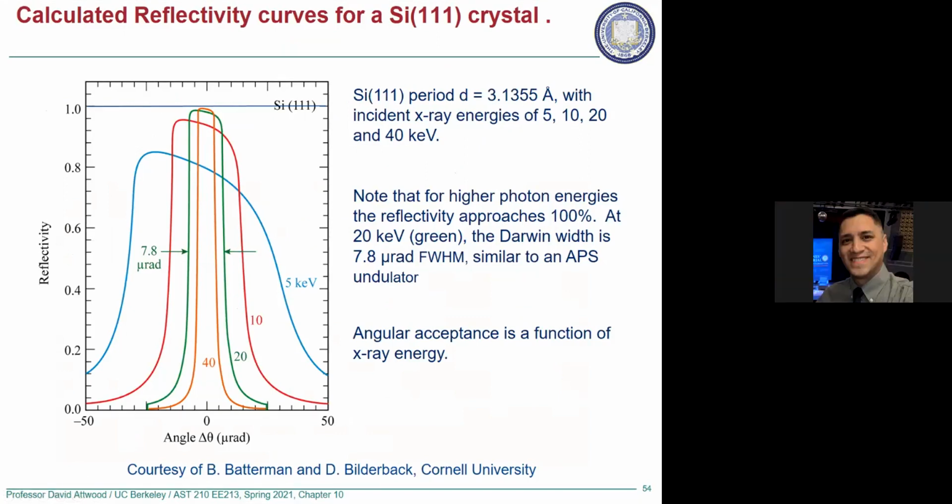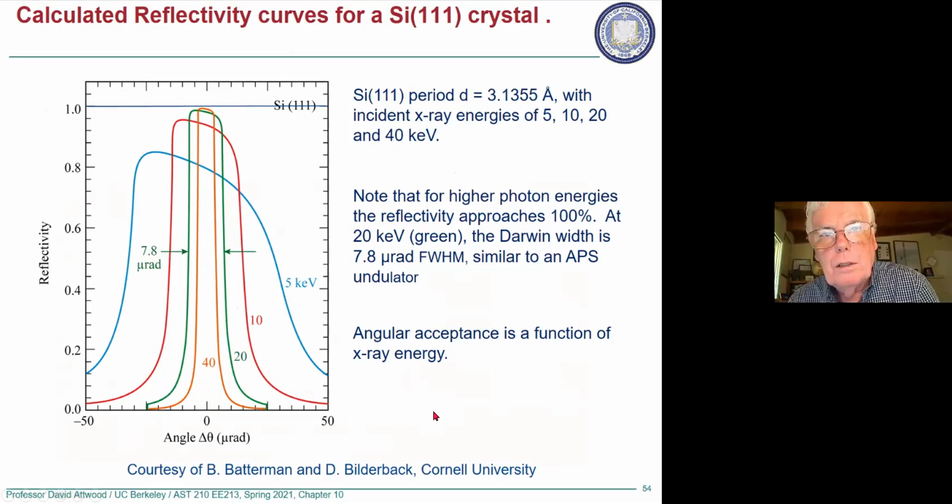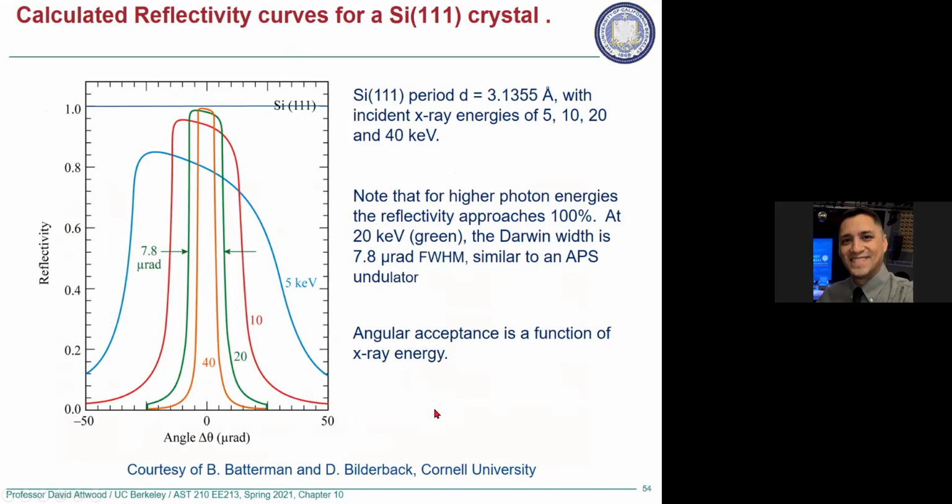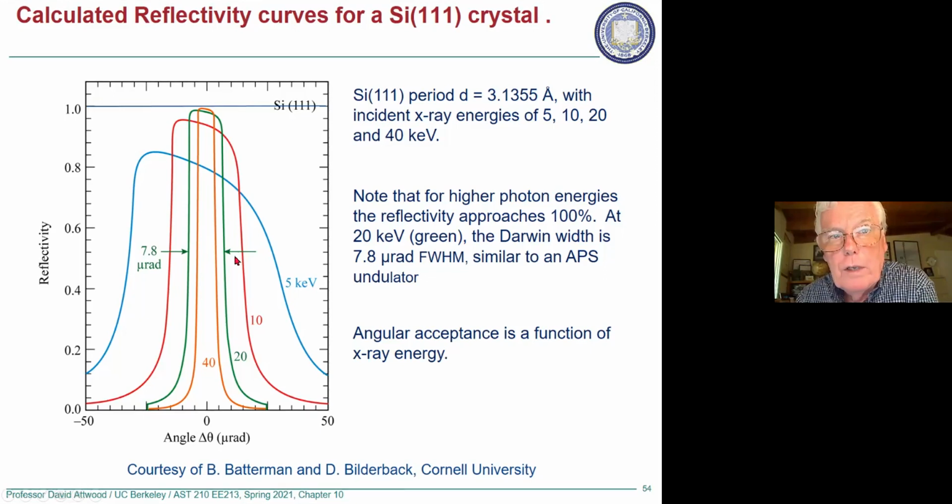Sir, how do you know if the source is too large that you won't get any reflectivity? So this is saying that this crystal, for instance the green one, has an acceptance of 7.8 microradians. So where is this crystal compared to your source?